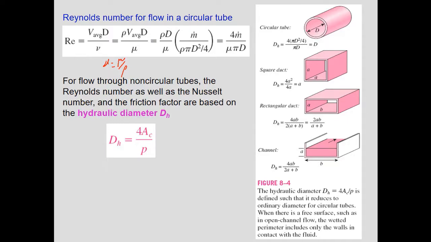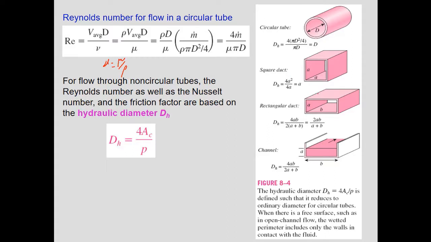But usually we have other types of objects or pipes with different geometry. For example, we may have a square duct, a rectangular duct, or even a channel. A channel is something like this, where one side is open and it is not fully closed.